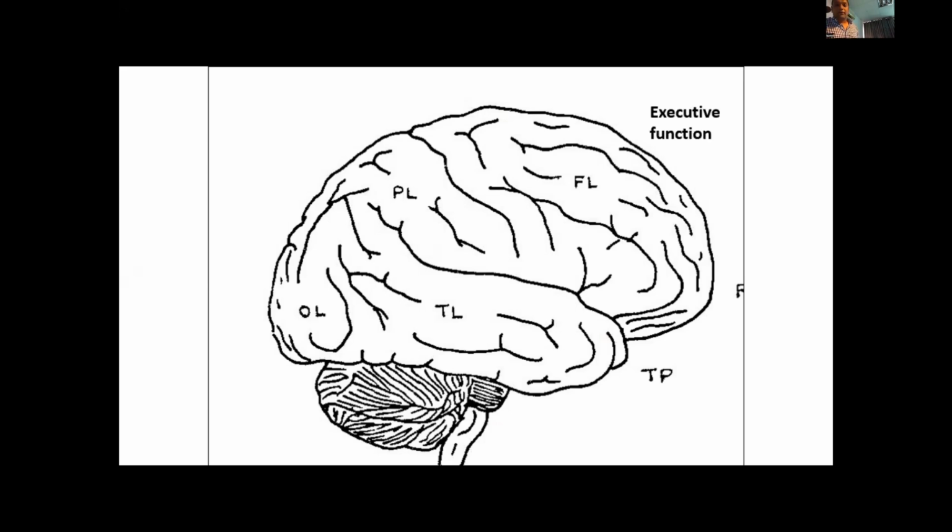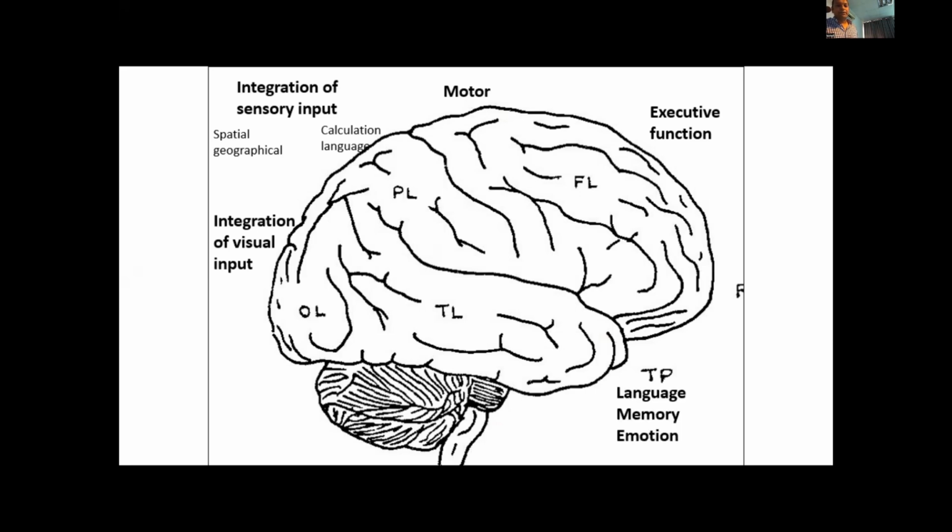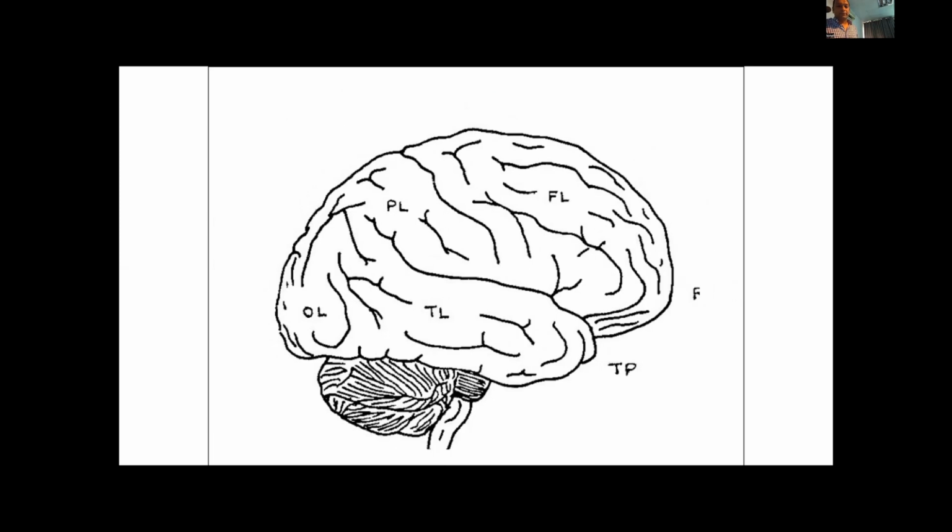So we're aware of the frontal lobe and executive function, motor around the frontal and precentral gyrus, the sensory integration of sensory input, both spatial and calculation to language, integration of visual input, and temporal lobes to do with language, memory, emotion. Of course, the cerebellum to do with coordination, and the conduit of the cranial nerves.